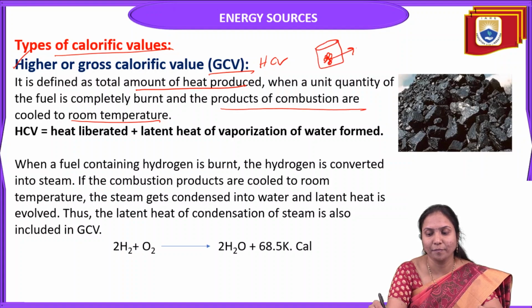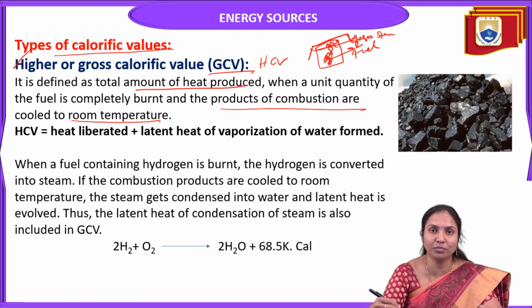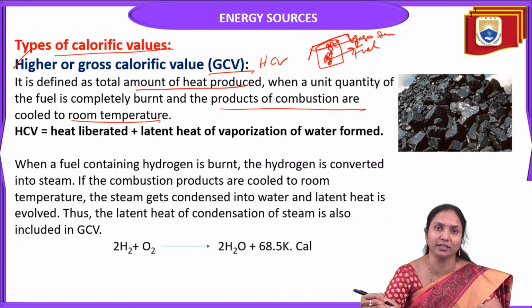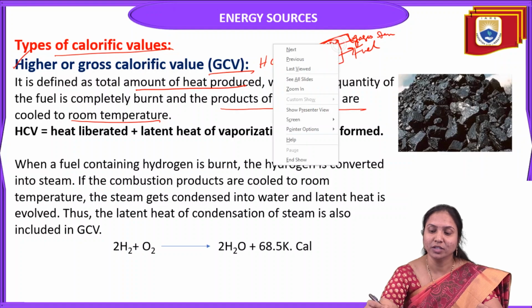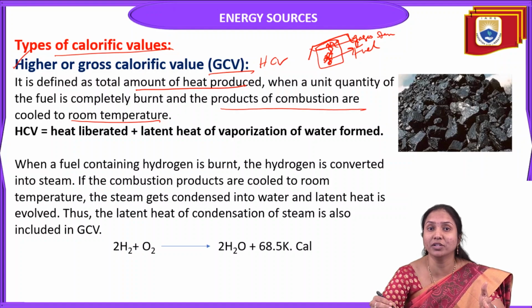During the burning process, this fuel produces gases and steam. But since it is a closed combustion chamber, when the combustion products are cooled, the steam or gases condense back in the chamber.